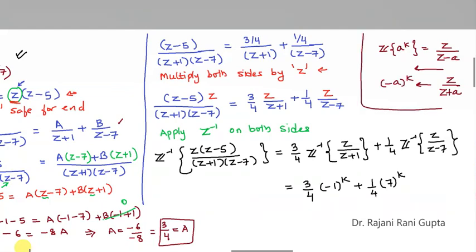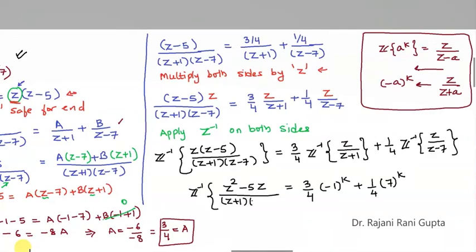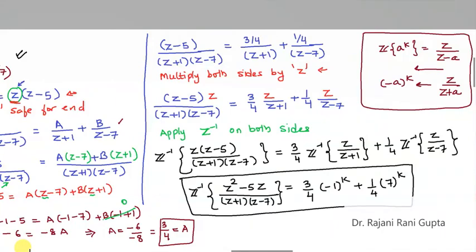These are the rules, and you have seen in previous classes how to apply them. Okay, so hence we get our answer. Inverse z transform of z square minus 5z divided by z plus 1 z minus 7 is equal to this value. This completes the solution. I hope it's clear now.